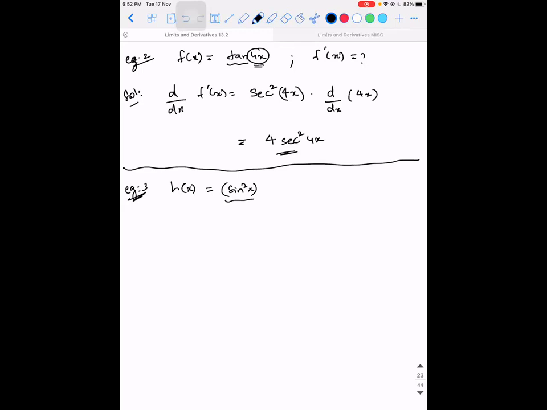You can use sine square x equal to 1 minus cos square x, but cos square x is again not a basic function, because you know the derivative of only cos x. Sine square x doesn't have any ready-made formula.